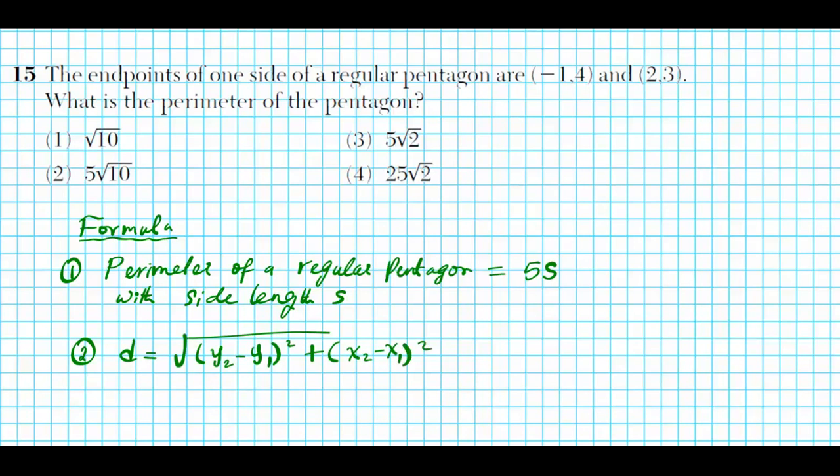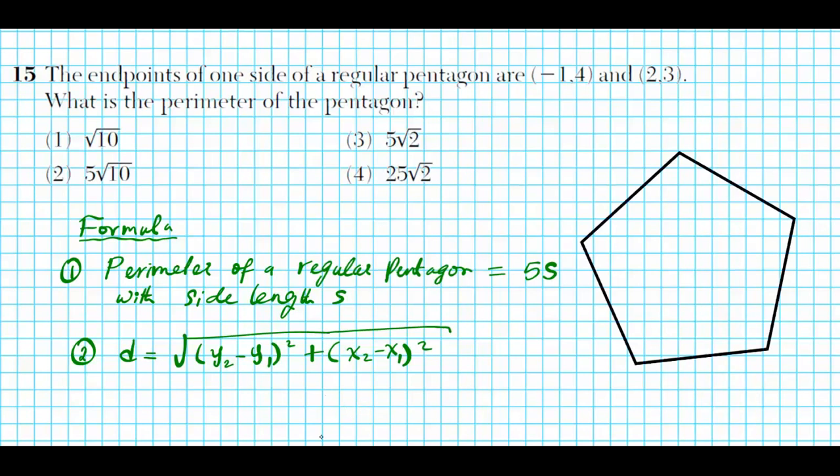So that's your distance formula. What we're going to do now is use the distance formula to find the length of a side, and then use the side length and the perimeter formula to compute the perimeter of the pentagon.